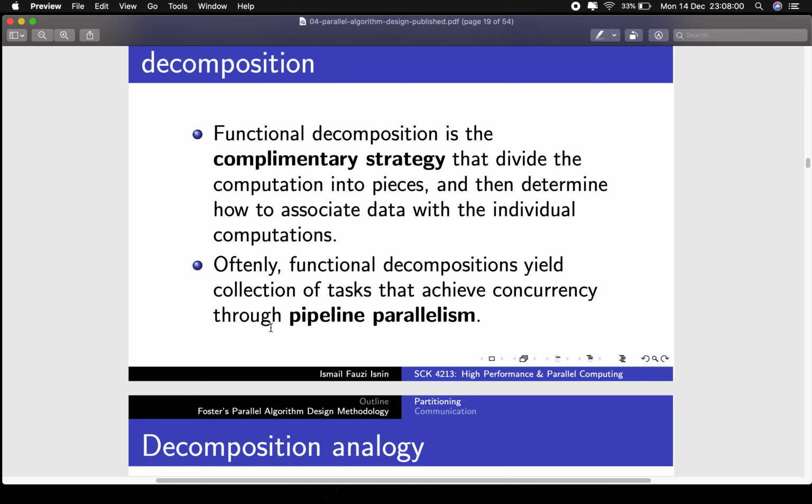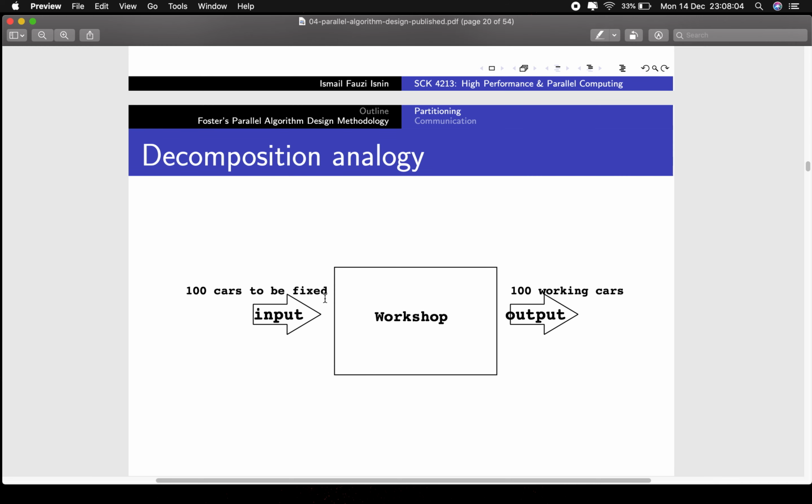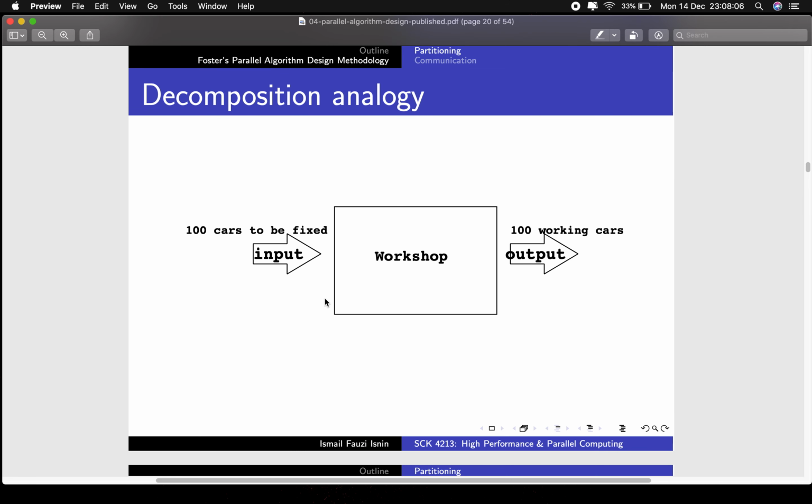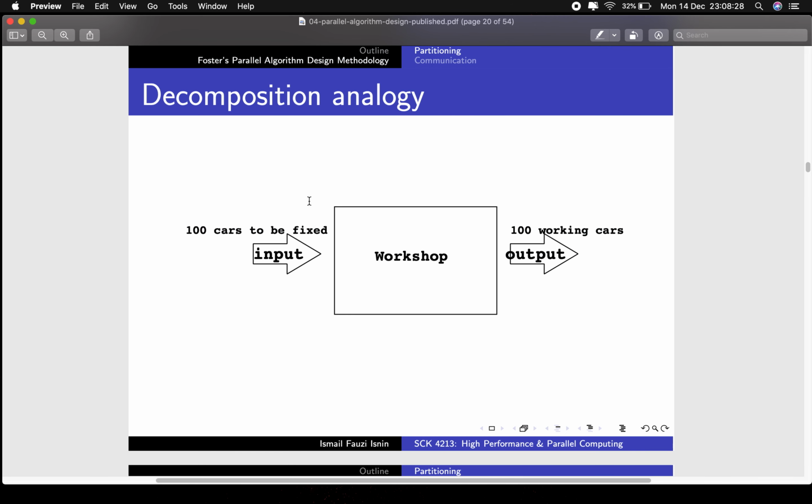Go back to the exact slide over here. So next is how the flow for the decomposition analogy works. Let's see. You are given the example that you have 100 cars to be fixed.